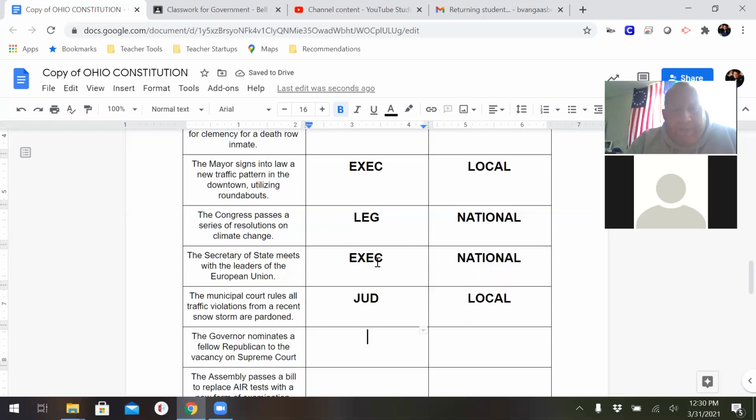The governor nominates a fellow Republican to the vacancy on the Supreme Court. Now, this is another test thing that they'll do. They'll put two different branches or represented terms within the same question. What they're really asking is who's taking the action. And since the governor is nominating, they're asking which branch is taking the action. So the governor would be which branch of government?